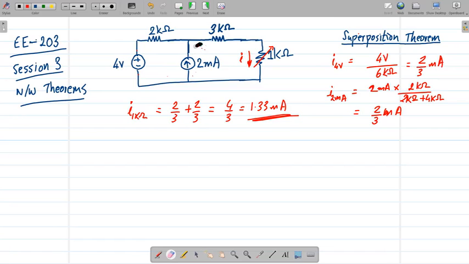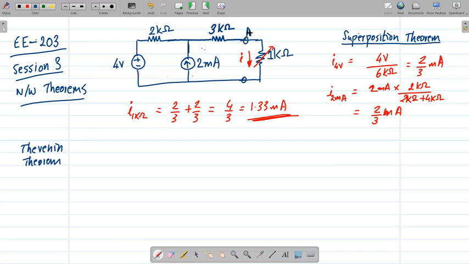So let's start with Thevenin's theorem. What do I need to do now? I need to find the equivalent voltage and impedance looking back from this pair of terminals.